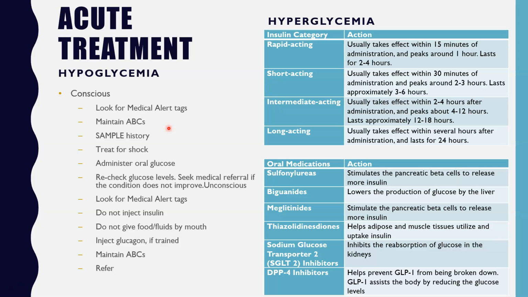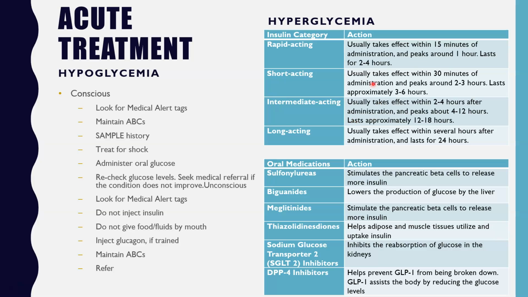Also, you can administer glucagon. You don't administer insulin because that is for high blood glucose levels, but glucagon can be administered, and you'll look at how to do that in lab. It actually does the opposite of insulin and increases the blood glucose level.